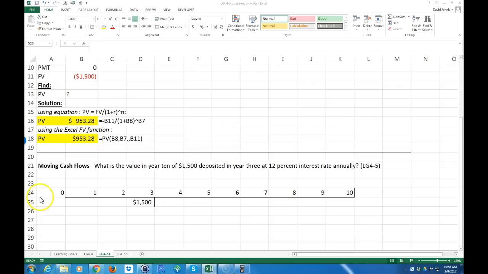And R is 12%. That's what we're given. And we want to know what this future value is. Okay, so I'm going to go ahead and put this in here.